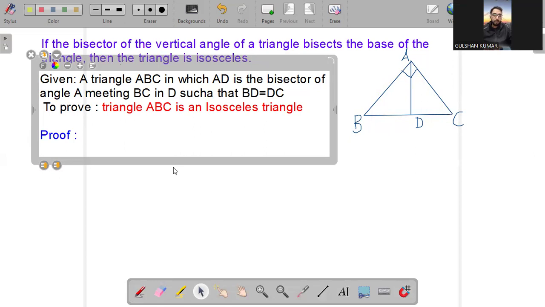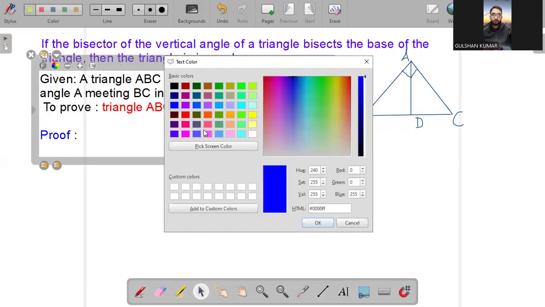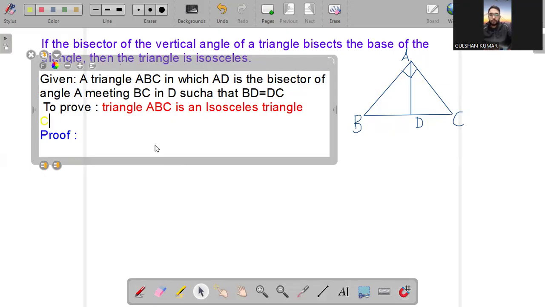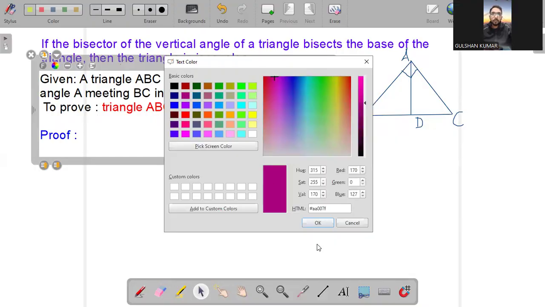First of all, we have to construct something. It is not visible here, so we change our color to purple.